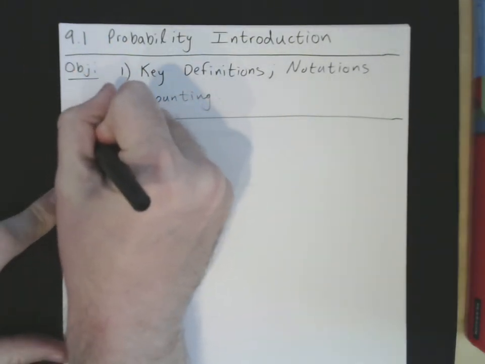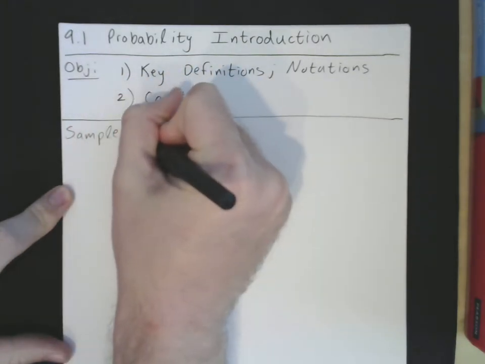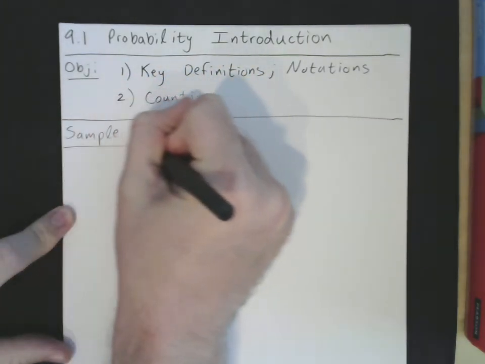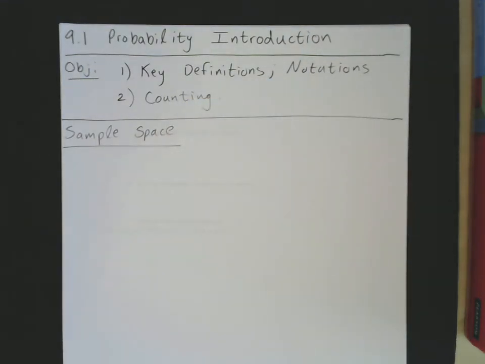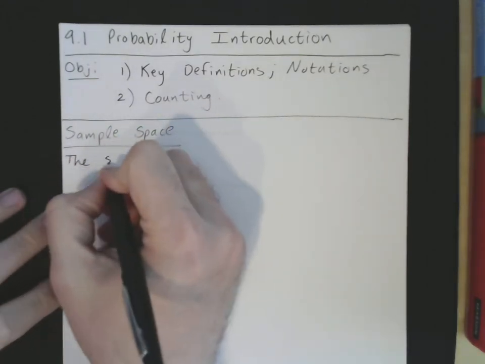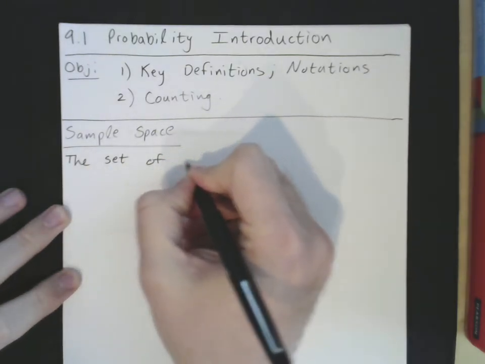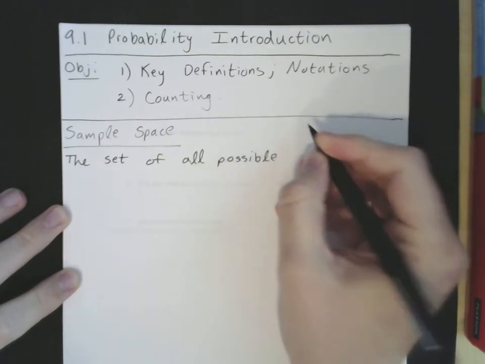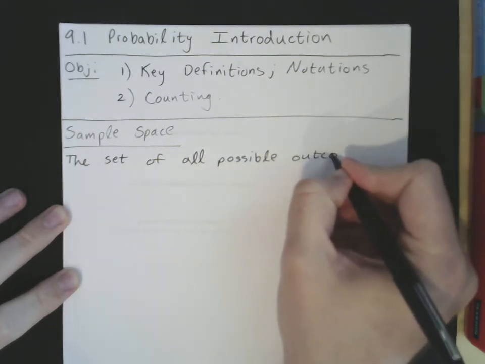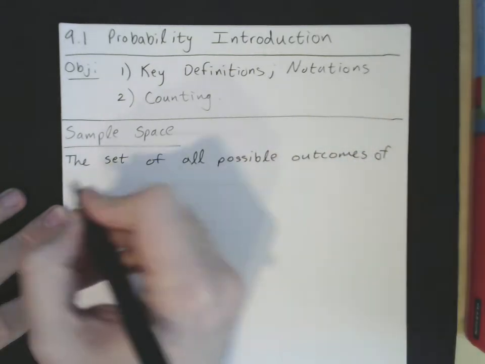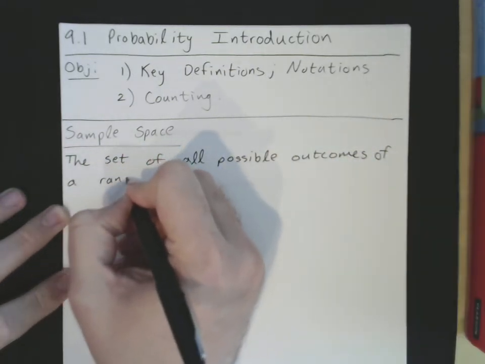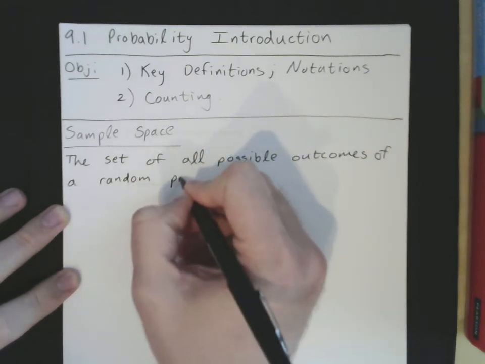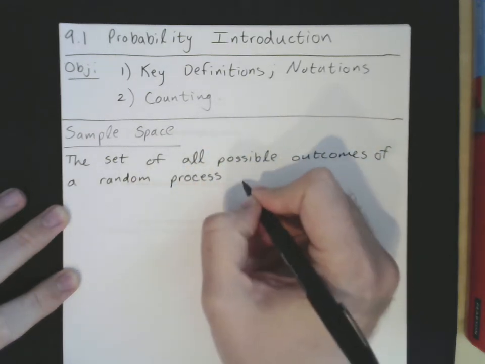The first definition we have is sample space. The sample space for our definition is the set of all possible outcomes of a random process or experiment.